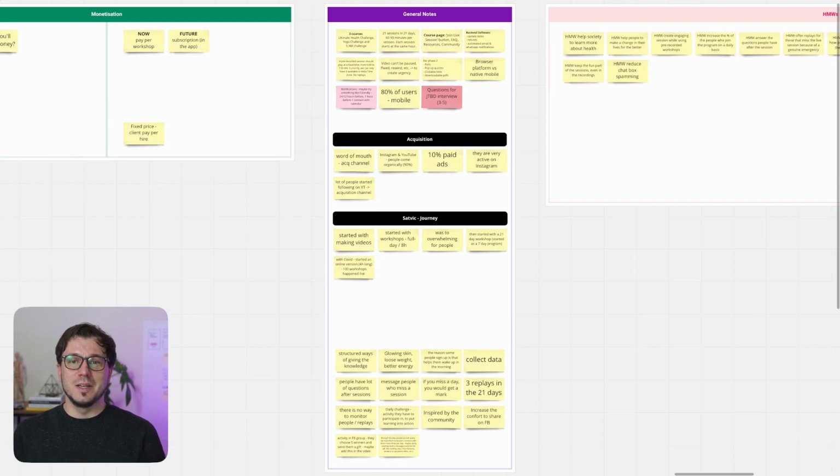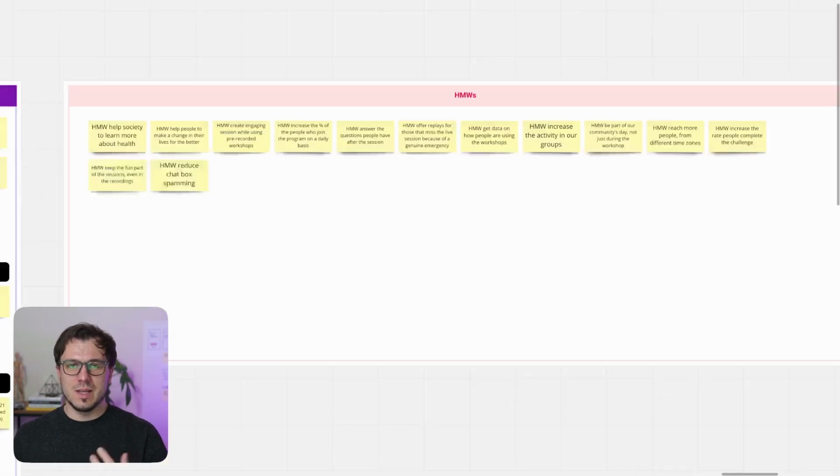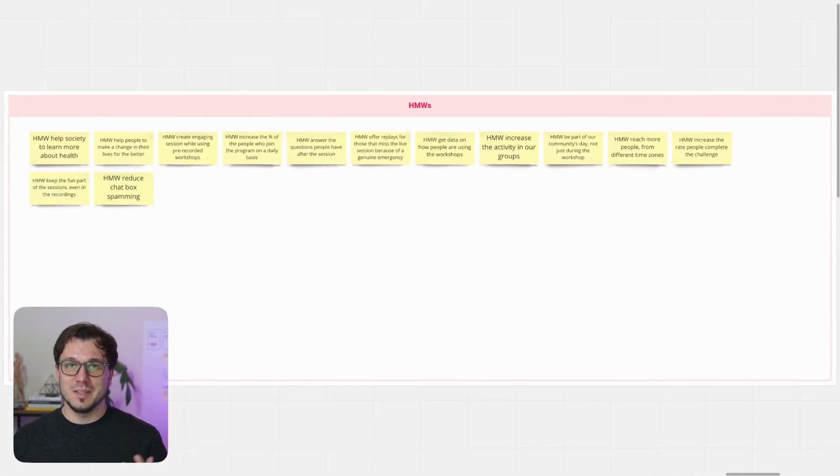We also have a place for general notes. So while we're talking, there are all kinds of things coming up, different topics, different insights, ideas, and all those things usually go on this general notes board. After the call, I revisit all this discussion and take some notes and repurpose some of the cards. And this is why some cards end up being these how might we notes that we will use in other parts of our workshop.